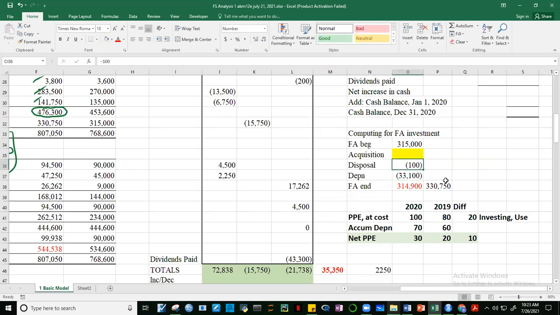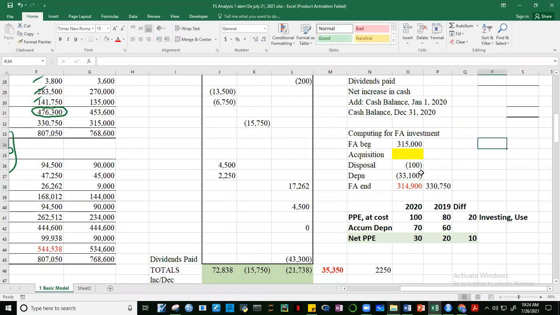Depreciation, ibabawas yan, so negative. Sa dulo, sum na lang. Pwede rin positive ang ilalagay nyo lahat, pero magiging 315 plus acquisition minus disposal minus depreciation. Okay?